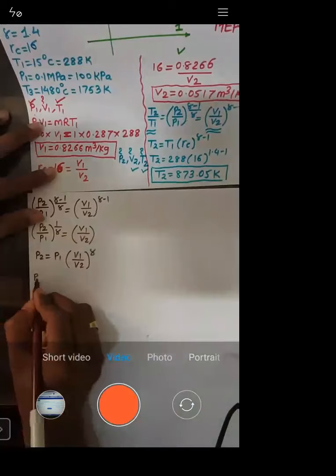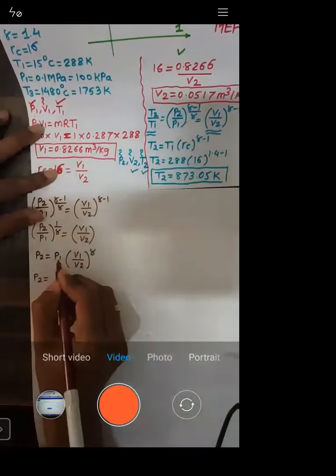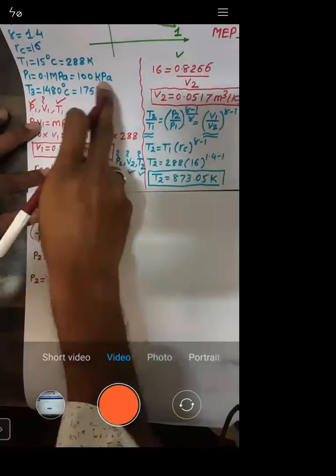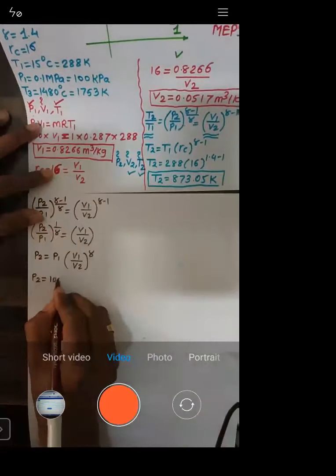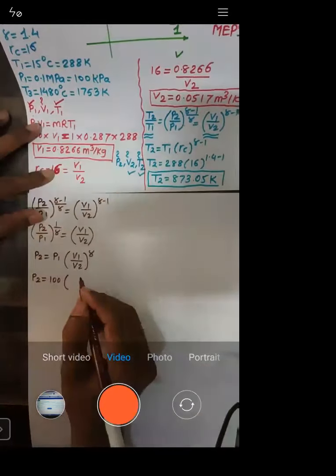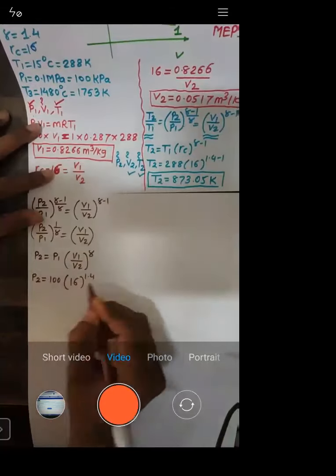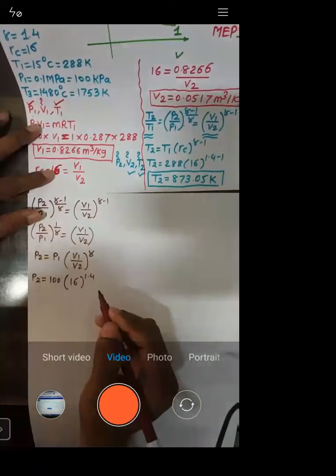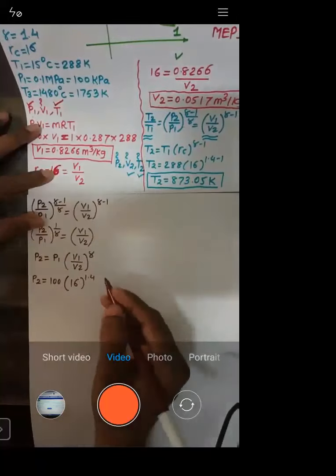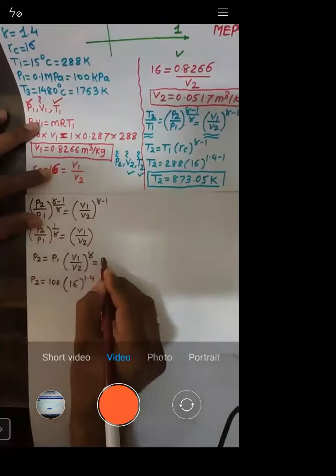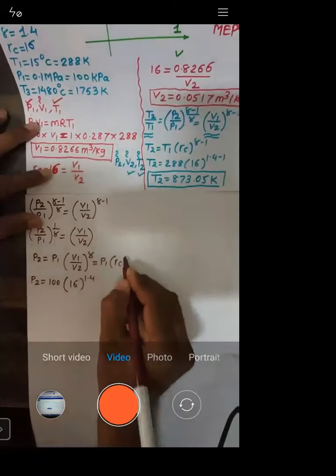So let us calculate the value of P2. P2 is given by the value of P1, which is already given as 100 kilopascal, into V1 by V2. V1 by V2 is RC, right? RC is 16 raised to power 1.4. So P2 is equal to P1 into RC raised to power gamma.